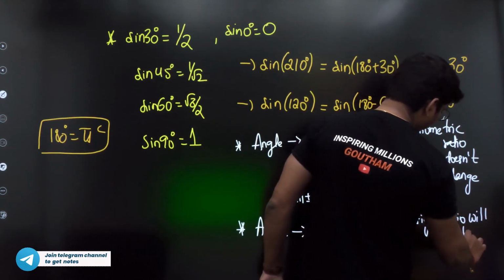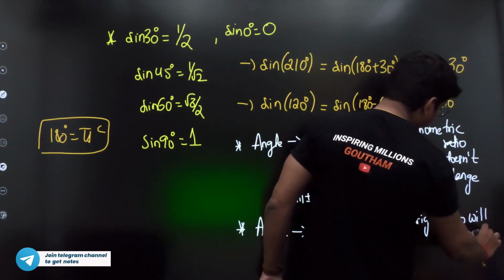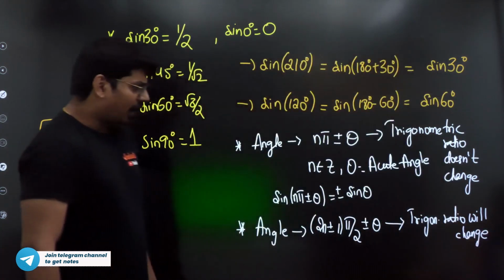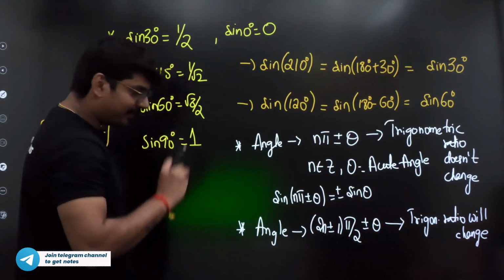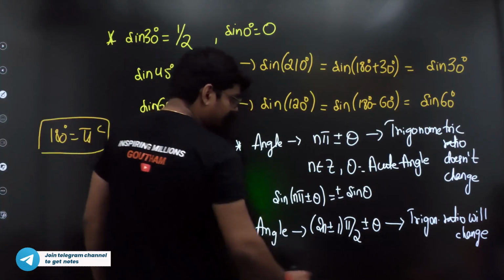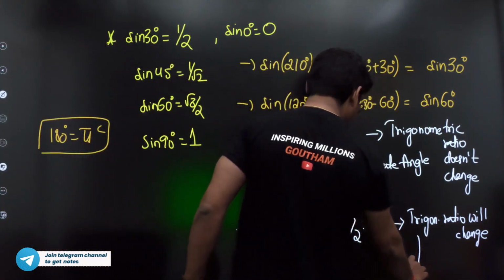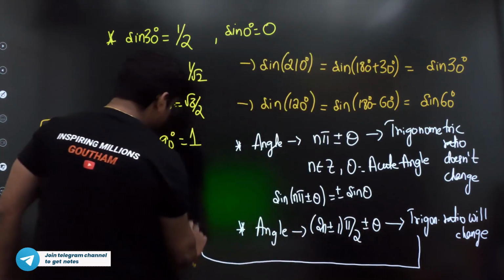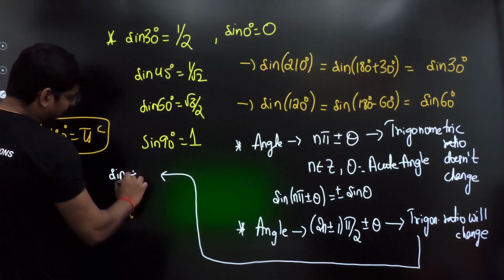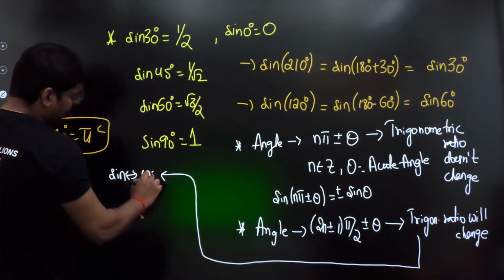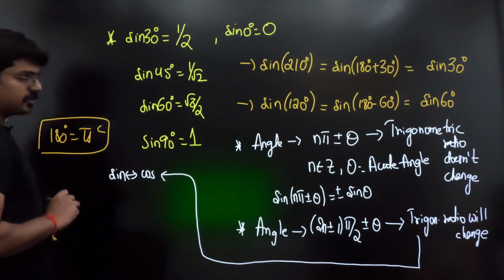The trigonometric ratio will definitely change. How does it change? From what to what? That is important. So let me write it down for you. Observe this one, guys. If it is sine, the sine is going to change to cos, or if it is cos, cos will change to sine.